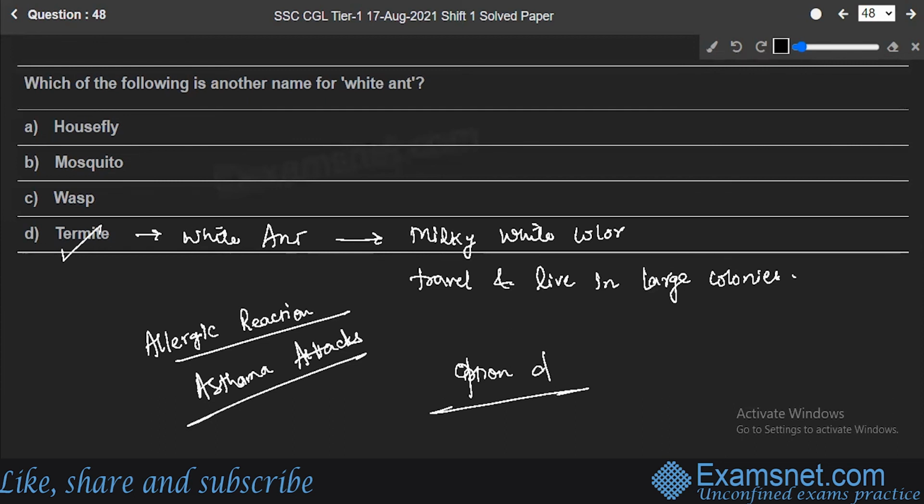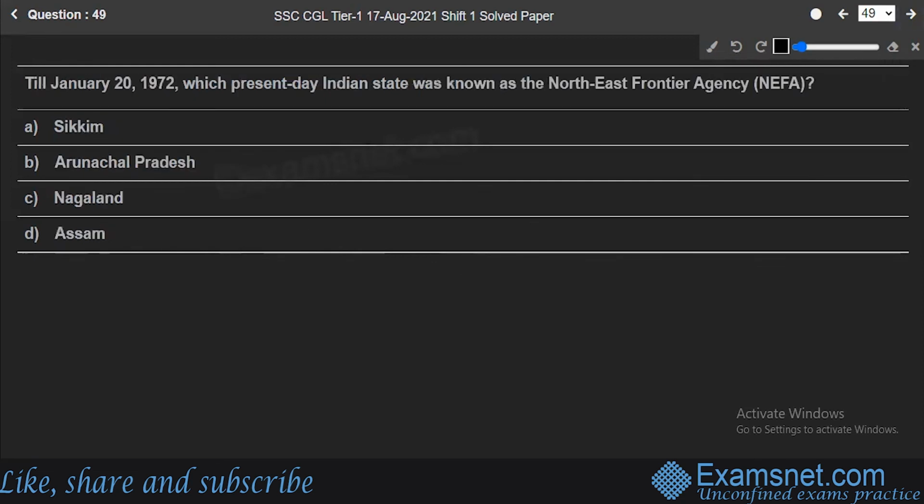Then let's move to the next question, number 49. Till January 20, 1972, which present day Indian state was known as the Northeast Frontier Agency, NEFA? Sikkim, Arunachal Pradesh, Nagaland, or Assam? Old timers in Northeast India may fondly recall January 20, 1972 as Red Letter Day.